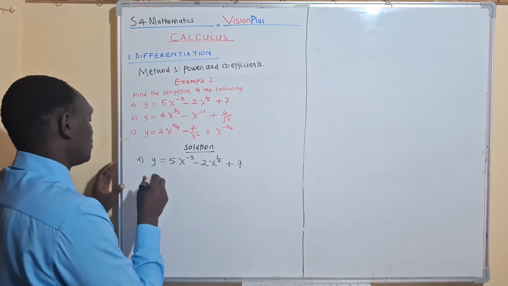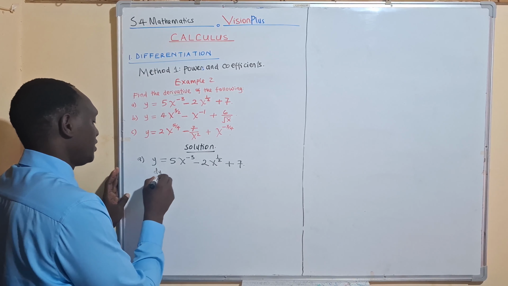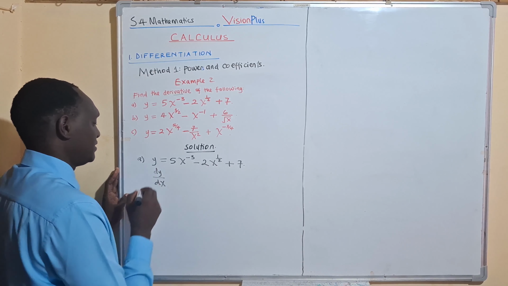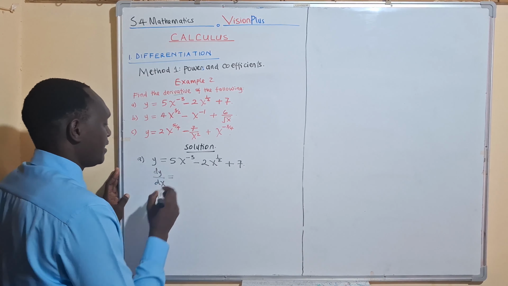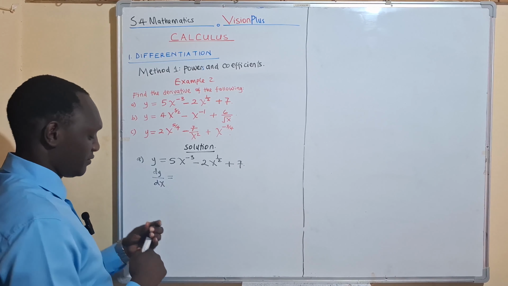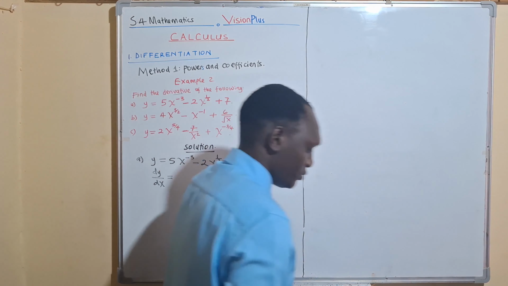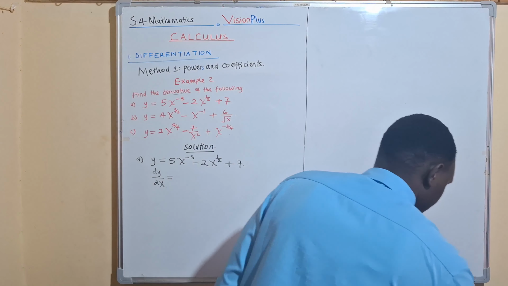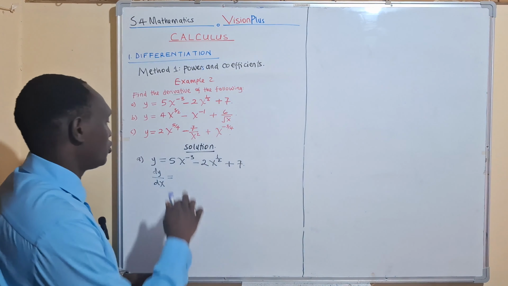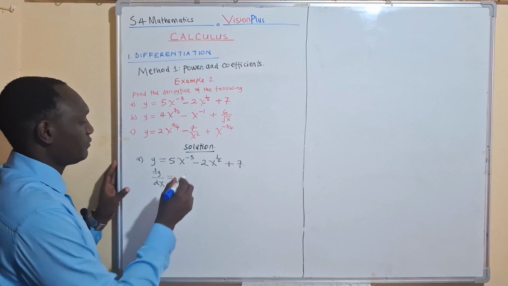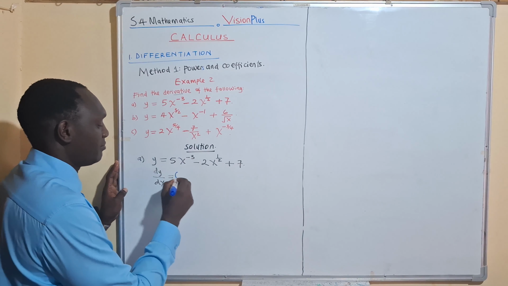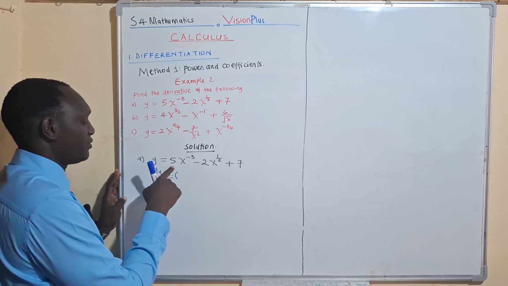Make sure the variable is not on the denominator. So from here we can go straight away and say, therefore dy/dx equals, remember the laws of power and coefficients. We say that you lower the power. But here there was a coefficient of 5 already.